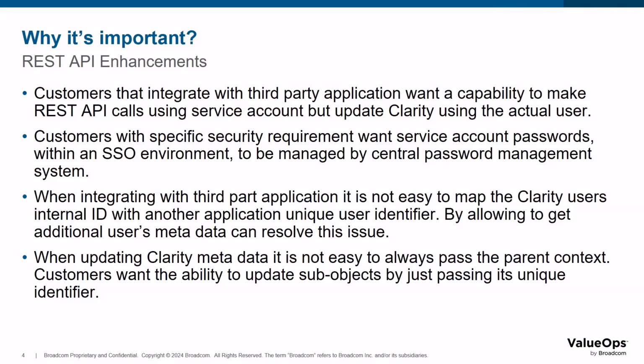And then finally, when updating Clarity metadata, it is not easy to always pass the parent context. So when integrating, having the ability to just pass the objects or the sub-objects internal ID to make an update to it was the request from the customers.